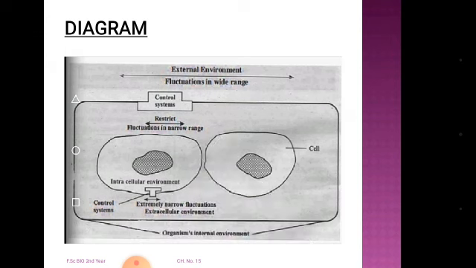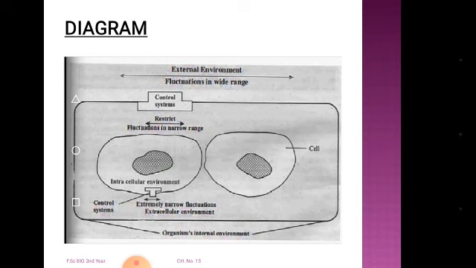Consider an example or diagram. Here a system shows that there is an external environment which shows a fluctuation in a wider range. That is the environment which is present outside the cell, known as the extracellular environment.